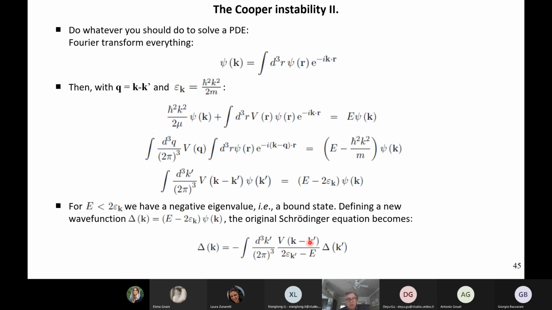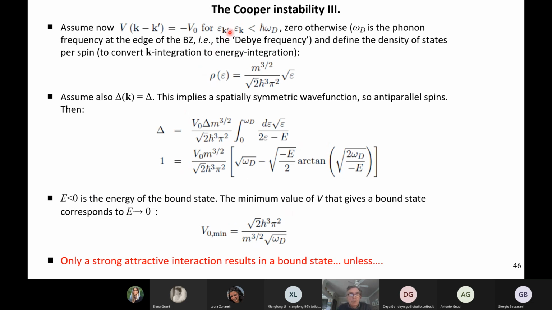Let me mimic this potential as an electron-phonon interaction by saying this potential is equal to some attractive potential V0 when the energy of the two states is less than the Debye energy, the phonon Debye energy, attractive. Otherwise it's zero, okay?